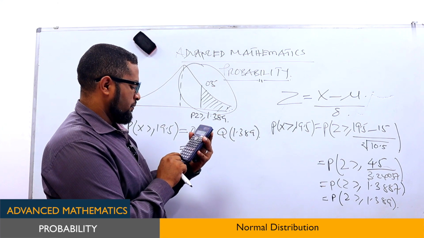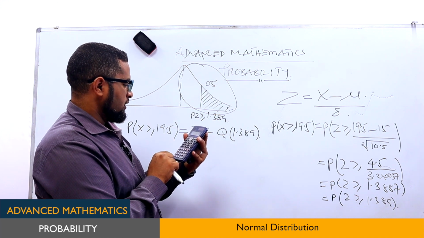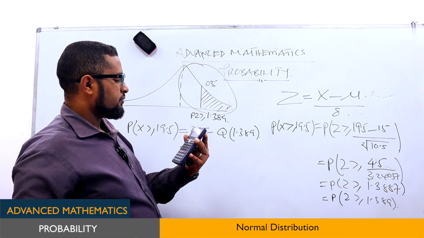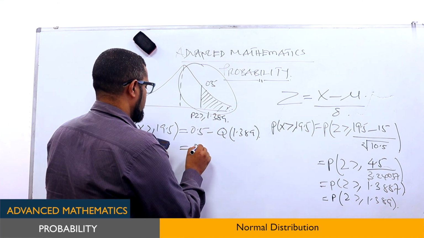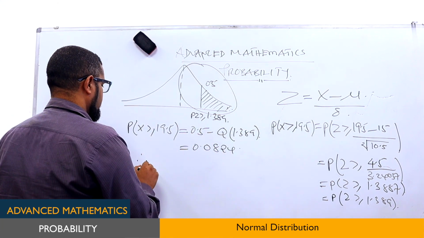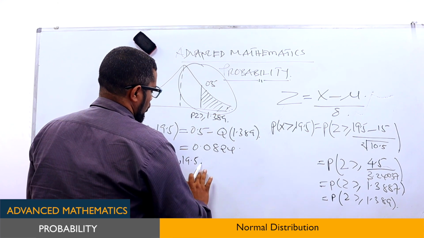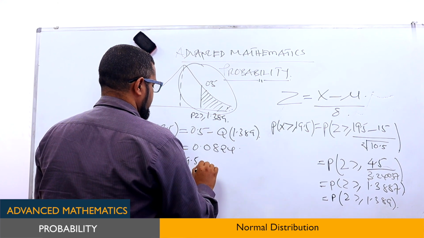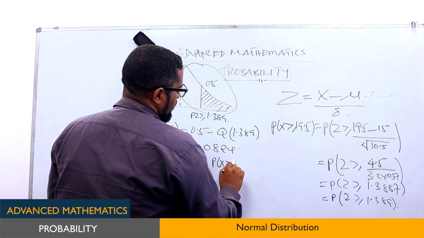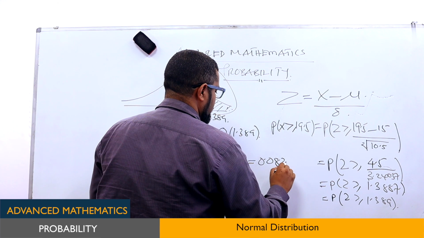So it is 0.5 minus shift distribution 2 of 1.389. So you will get 0.0824. Therefore, the probability of x greater than 19.5, which is the same as saying the probability of x greater than or equal to 20, is 0.0824.